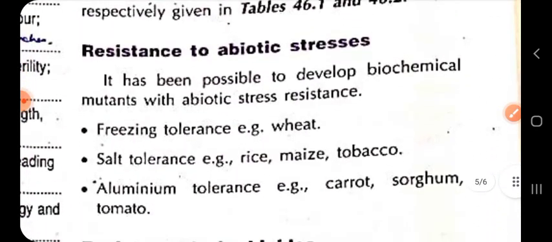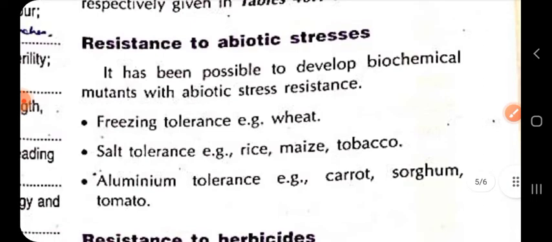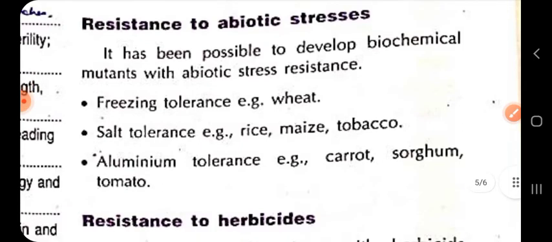Resistance to abiotic stress. It has been observed possible to develop biochemical mutants having abiotic stress resistance. Other than disease resistance, we can also put the plants in such a stress condition, abiotic stress condition, that they are able to withstand, and we can grow them and selectively market those plants. Like freezing tolerance, example wheat.